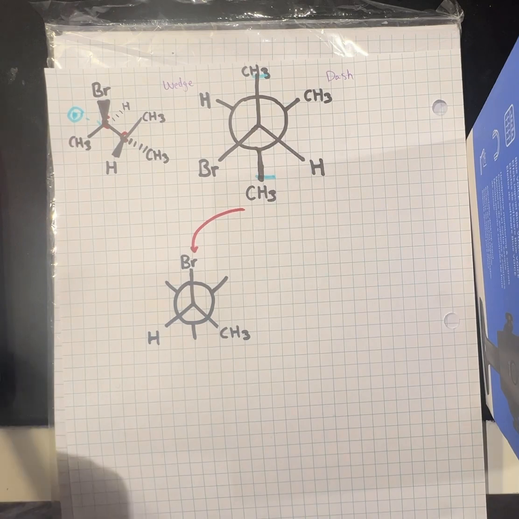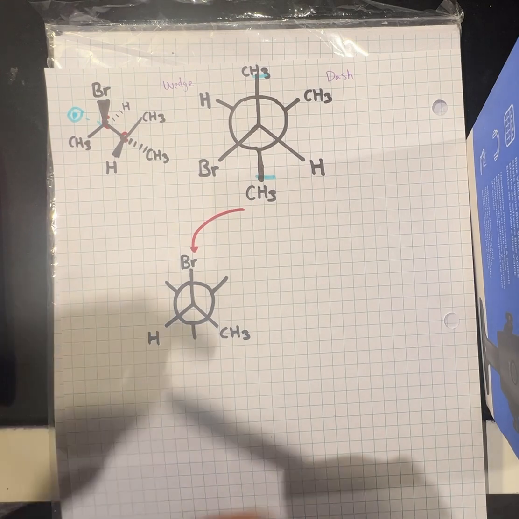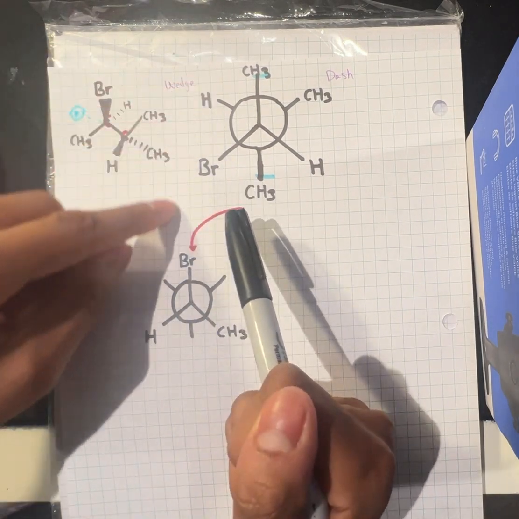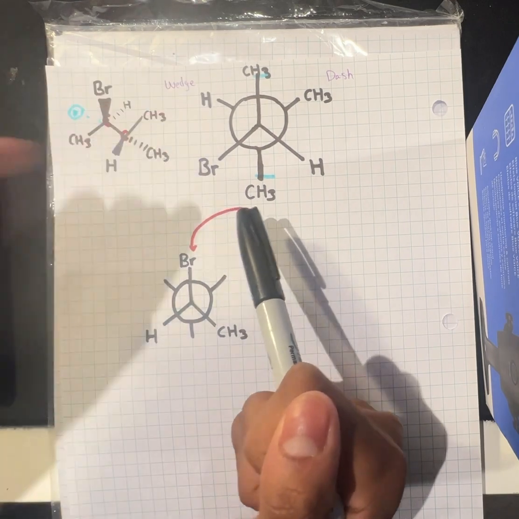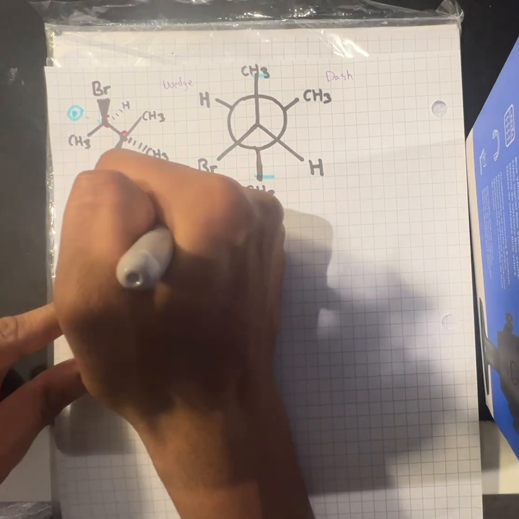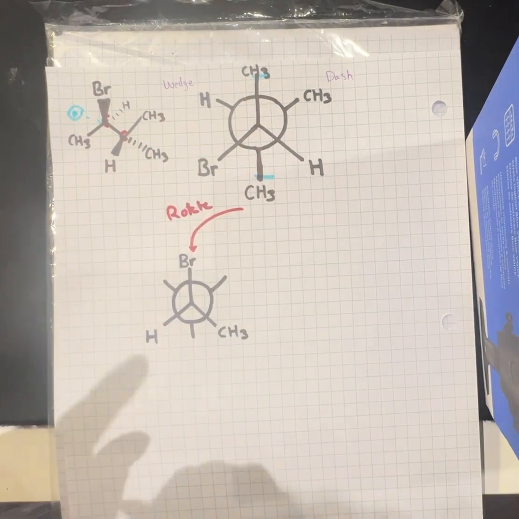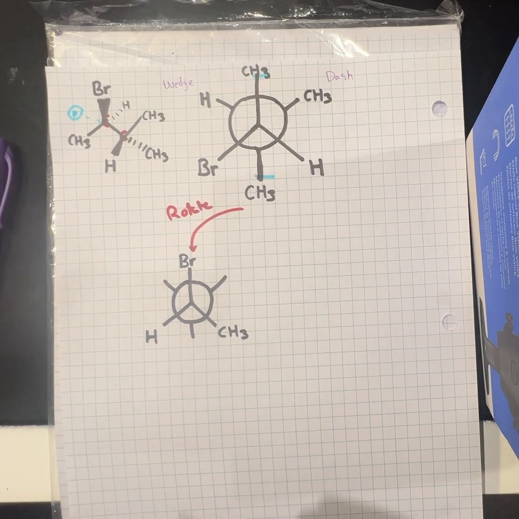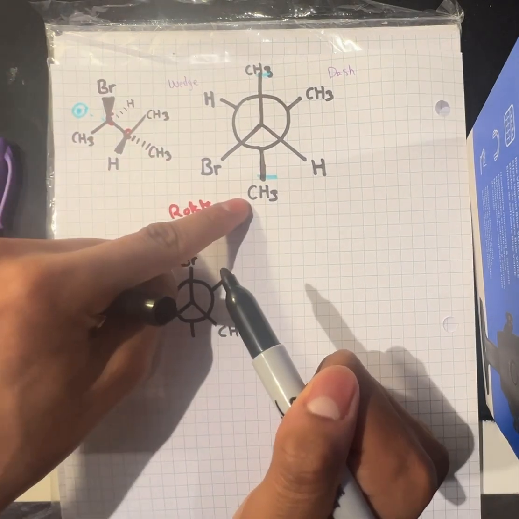Now, let's do the same for the back. We want the hydrogen to be antiperiplanar to the bromine, which is our leaving group. This is a rotation. So we're also going to have to rotate the back. The hydrogen would go to where the methyl is.